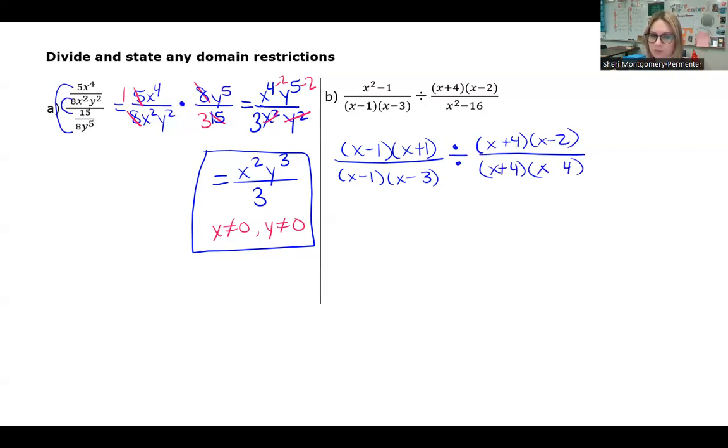One needs to be plus, one needs to be minus. I have to identify any domain restriction, so anything that's in the denominator right now. X cannot be equal to +1, +3, and positive and negative 4.